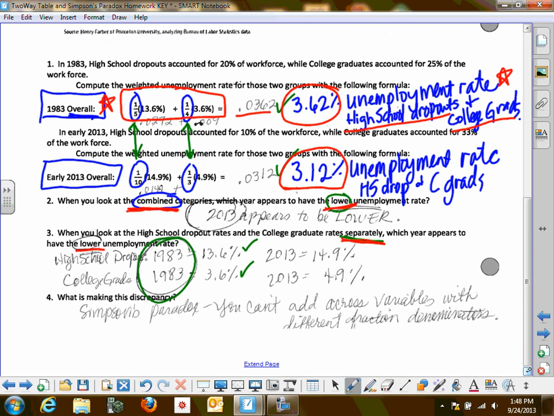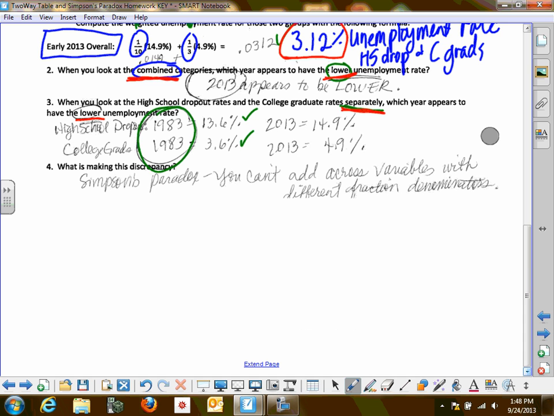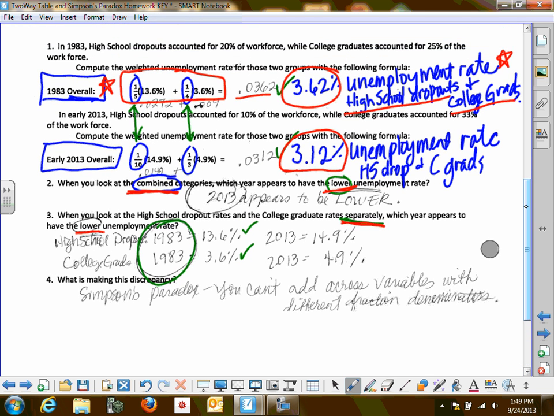So then my summary down here: what is making this discrepancy? This discrepancy I'm referring to is the overall versus the separated differences. Conclusion, Simpson's Paradox. You can't add across the variables with different fraction denominators, because that's what happens to do this. See here? These amounts are weighted differently.